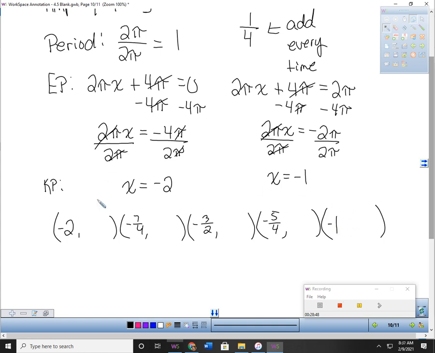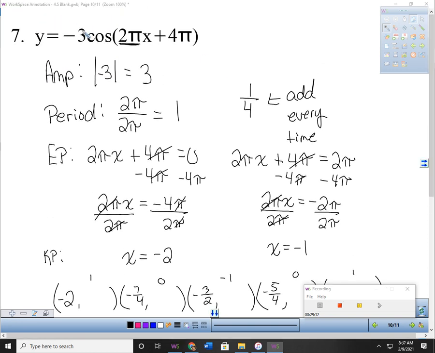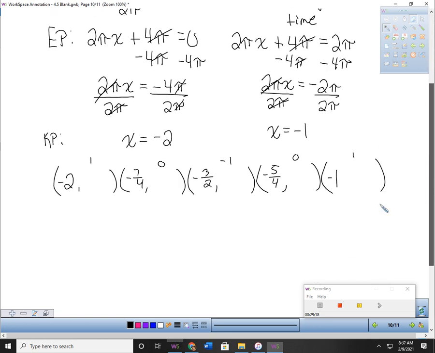So we are graphing cosine, which means we normally start up at 1, drop to 0, negative 1, back up to 0, and then to 1. But I'm multiplying by negative 3. Whatever number is out front in front of your cosine, that's what you need to multiply by.